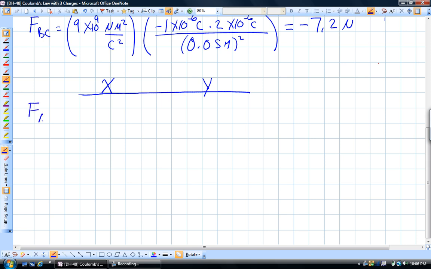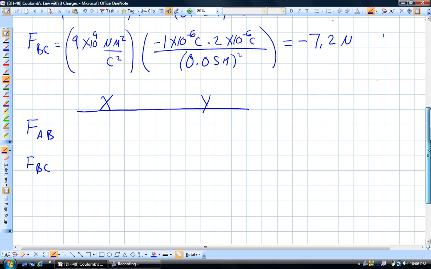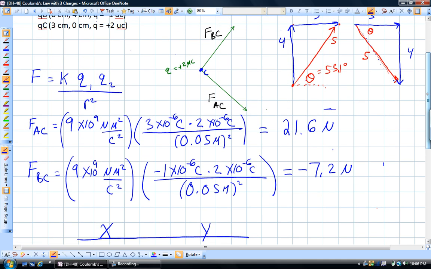We've got a force between charge A and B, and another force between charge B and C. To get the components, look at the diagram. No matter what we get for AB, we don't know what it is, but we know that it's going to be, hold on, let me pause this.